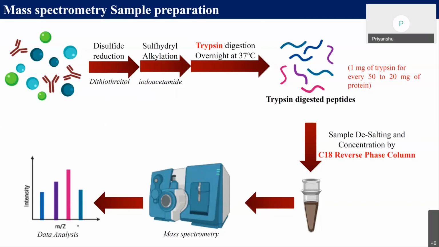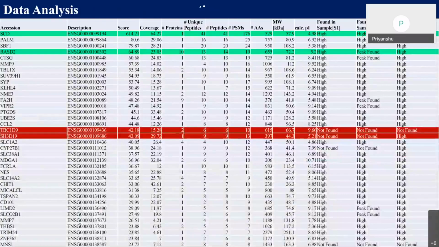So see the data sheet first. This is a simple mass spectrometric analysis data sheet. You can see here the accession number, or the proteins that we get from the mass spectrometry analysis, scores, and coverage.